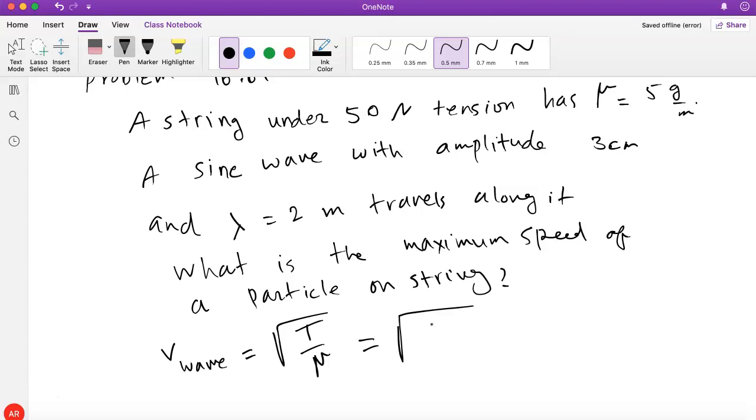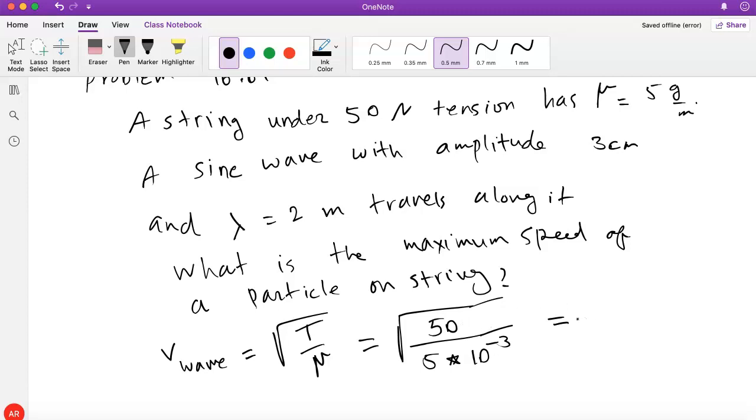So that's going to be square root of 5, over 5 grams per meter. That's 5 times 10 to the minus 3 kilograms per meter. So what do we get here? 5 cancels with 5. We get a 10 in the numerator, and then this goes upstairs.